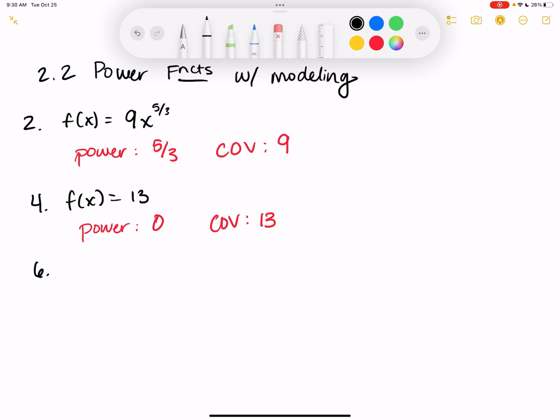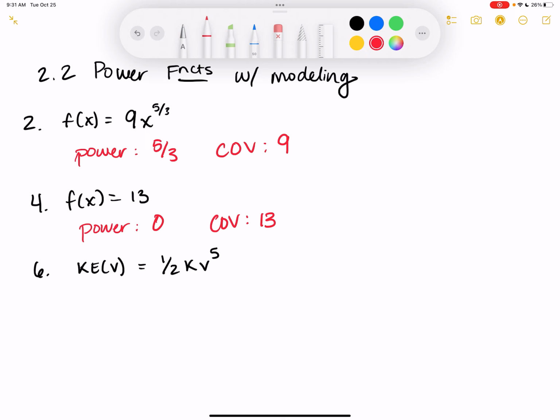Number 6. KE of v is equal to 1/2 kv to the 5th. Kinetic energy, physics functions. Just as a reminder, it says that c, g, k, and pi are constants. So, is this a power function? And if so, what's the power?